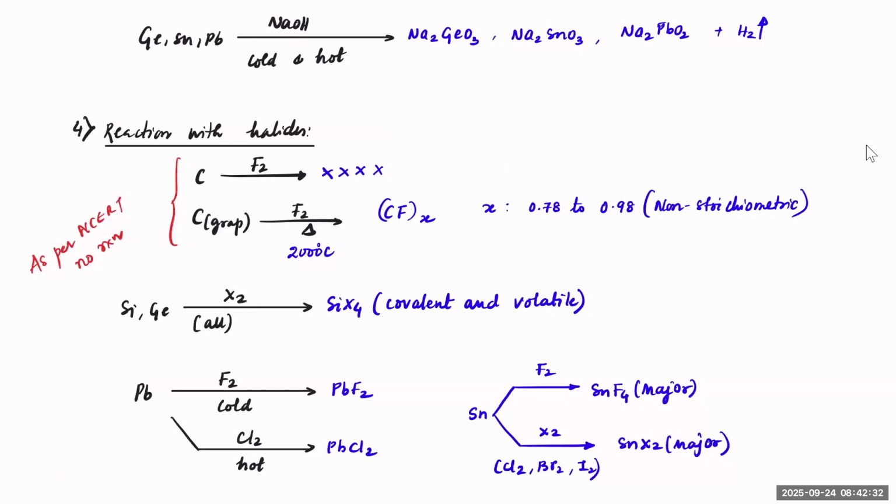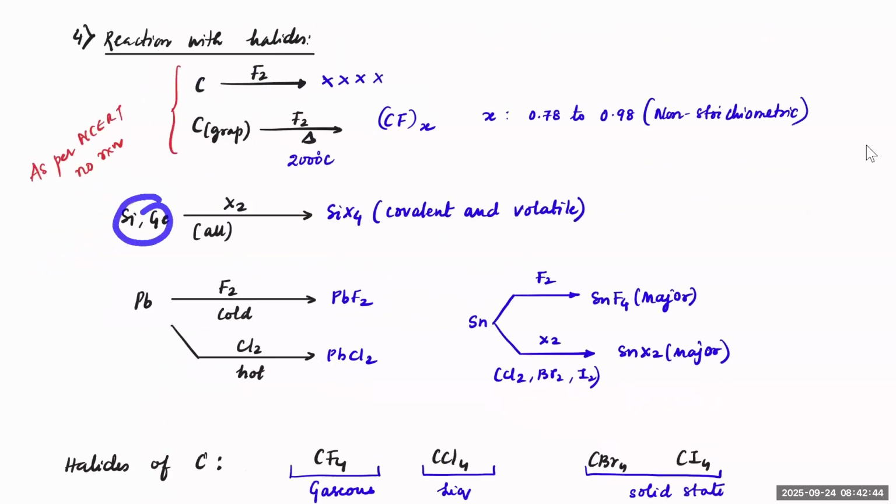While carbon does not react with fluorine directly, graphite, when you react it at high temperature, can form a non-stoichiometric fluoride. Silicon and germanium react with all the halogens and convert into SiX4, and the same is the case with germanium.